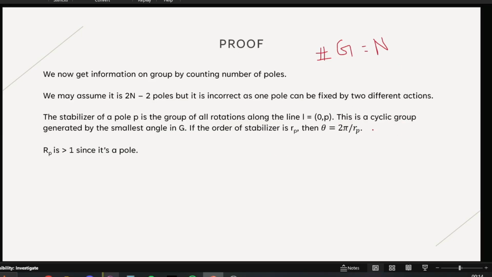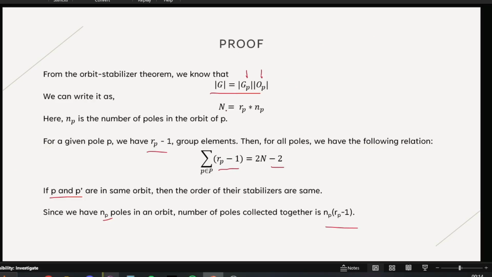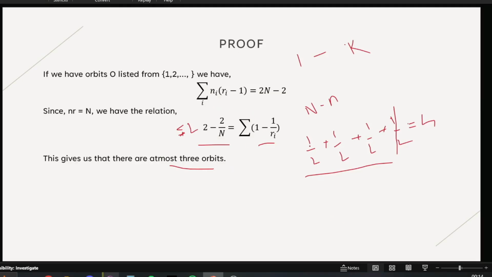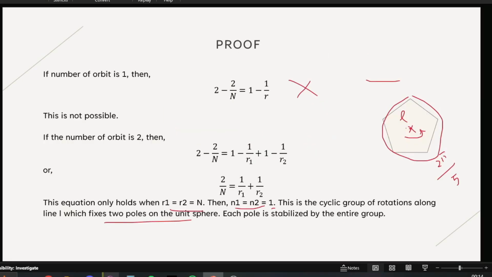Their stabilizers form a cyclic group, and then we looked at their orbits, which is the number of poles. Using the orbit stabilizer theorem, we counted and obtained this formula. From this formula, we derived that there can be only 3 orbits. So we went by elimination, one by one, case by case. We went and found all the 5 possible subgroups.